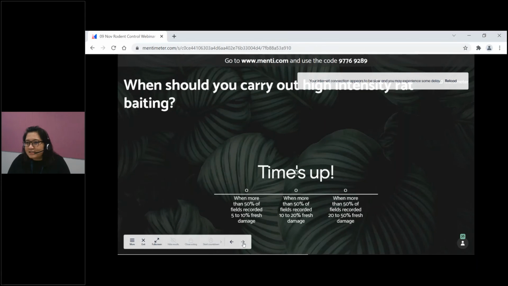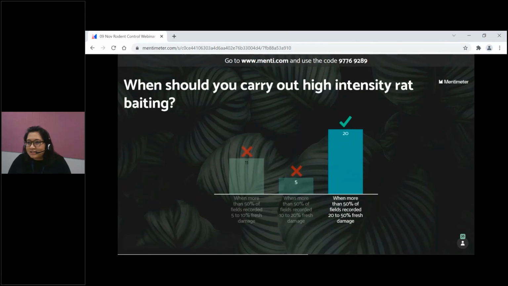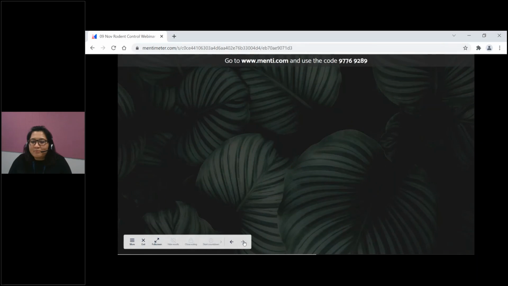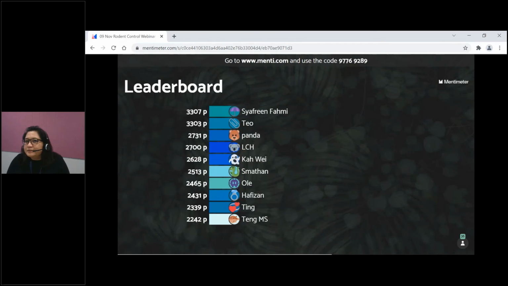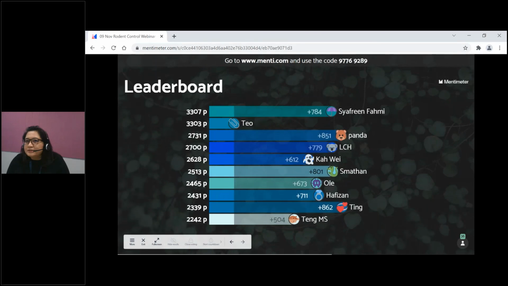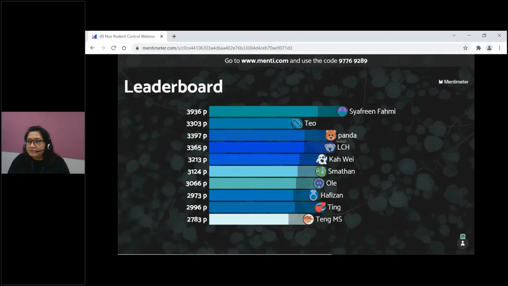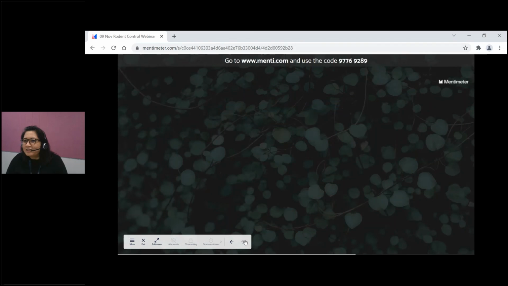So the answer is when more than 50% of fields record 20 to 50% fresh damage. Let's see who's leading again. Oh, Panda catching up there. Good job. Okay, but Shafrin is still leading.